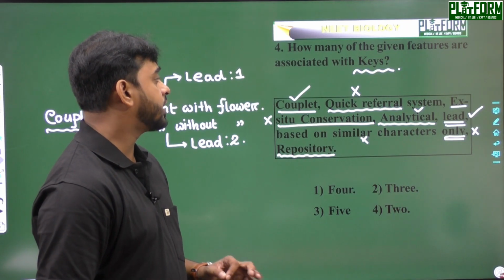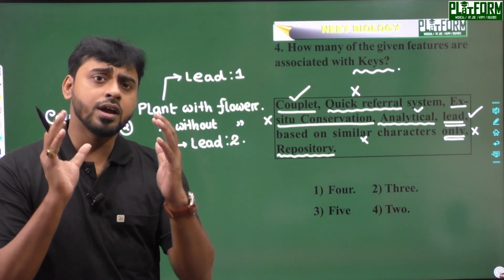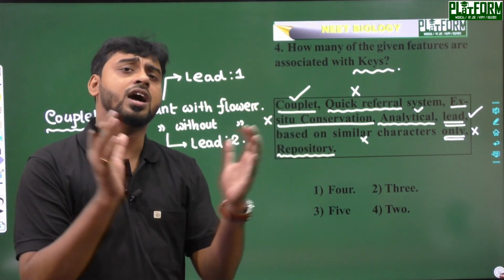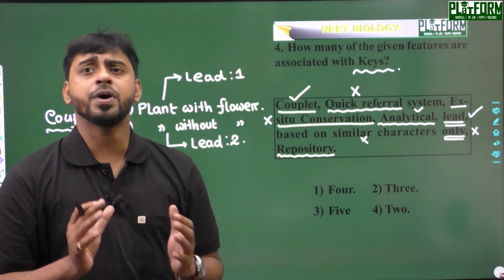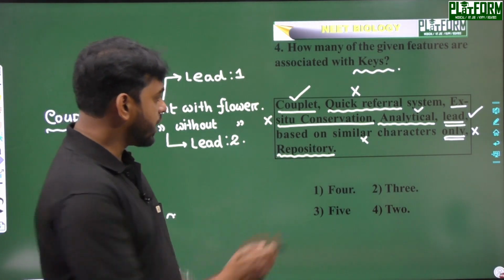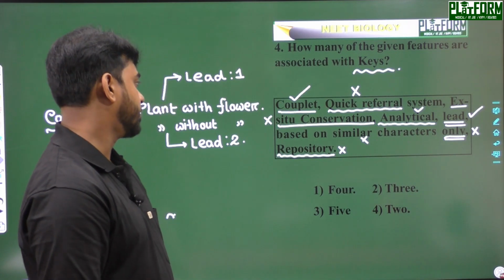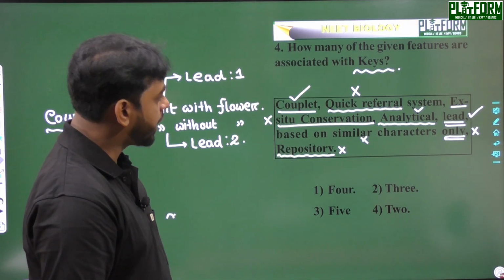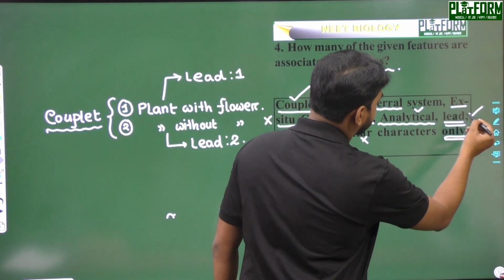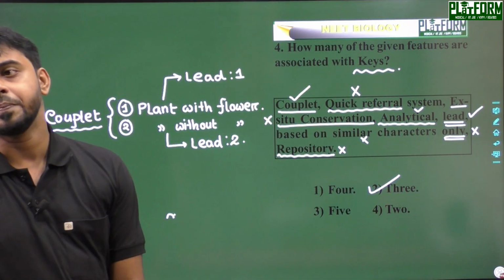What do you mean by the repository? Repository means a particular area or device where the resources are conserved. So key is not a repository, so it is also a false statement. So how many of them are associated with key? Couplet, analytical and lead. So the answer will be 3.